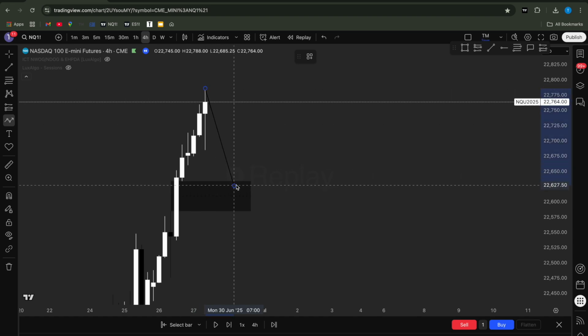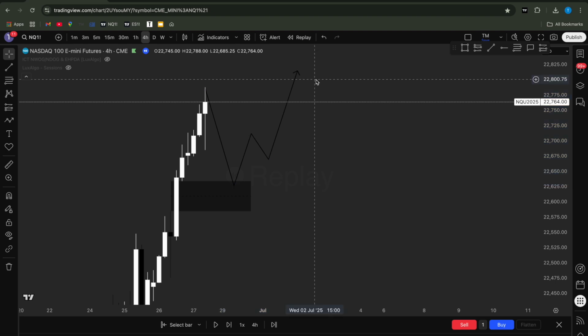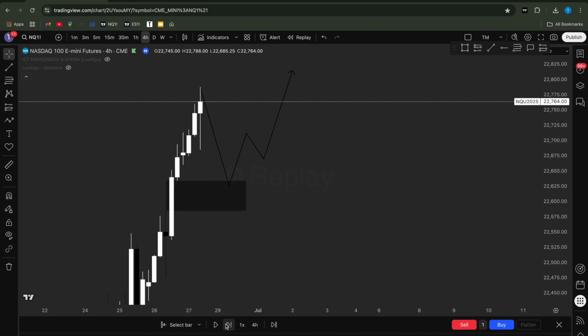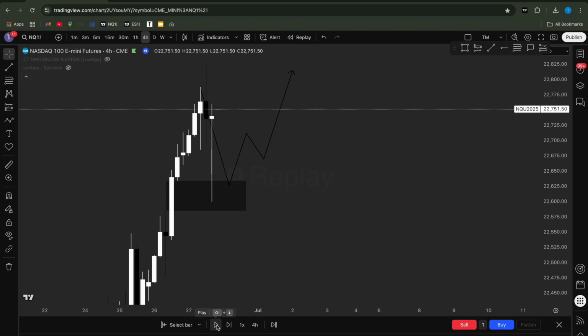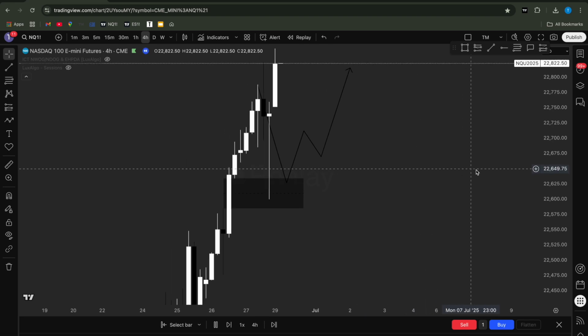So you want to see price tap into the fair value gap and then sort of continue up like that. So let's see what happened. And there you go.